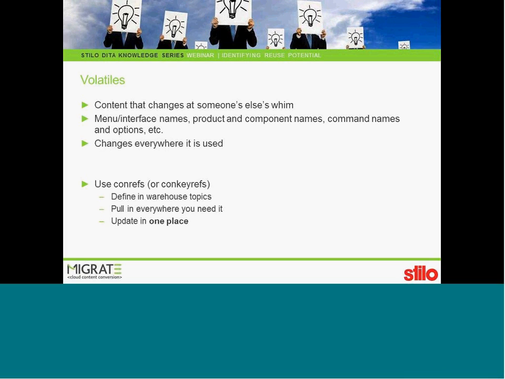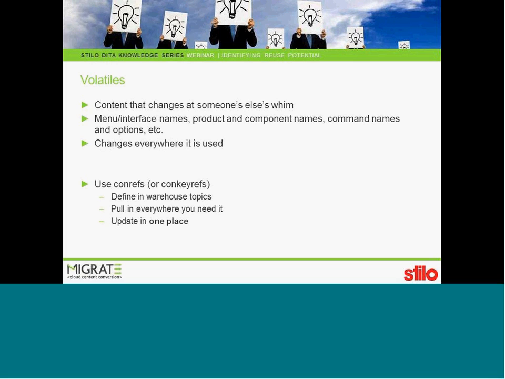So conrefs are best done using warehouse topics. Warehouse topics are also called snippet files. Many of you probably know snippets. I think the term that we're trying to use now is warehouse topics. We also talk about them as topics that you never intend to publish, although I have been in the situation very recently where our warehouse topics actually became entire deliverables, so there's usefulness on a couple of levels there.